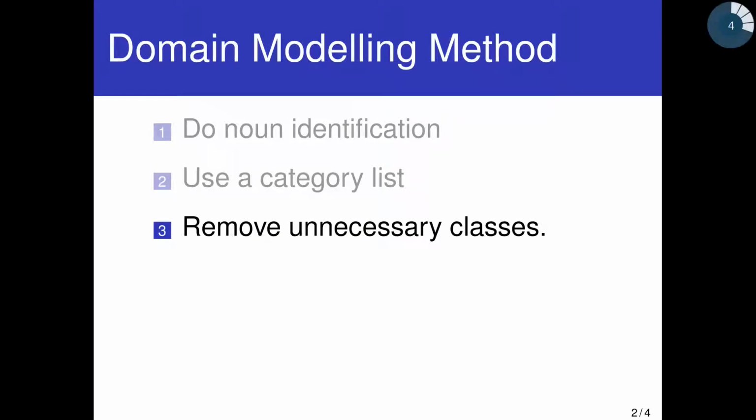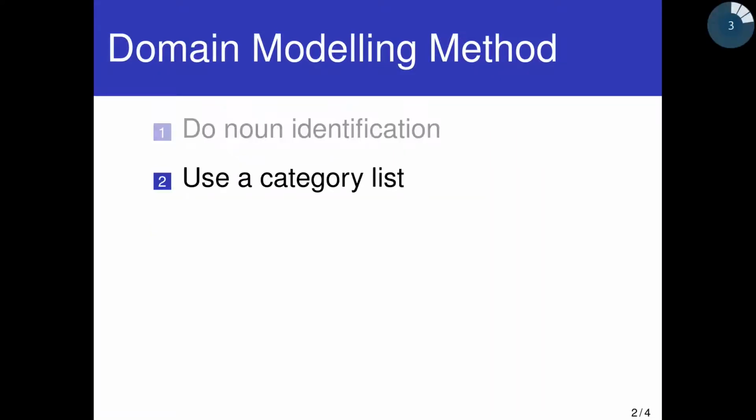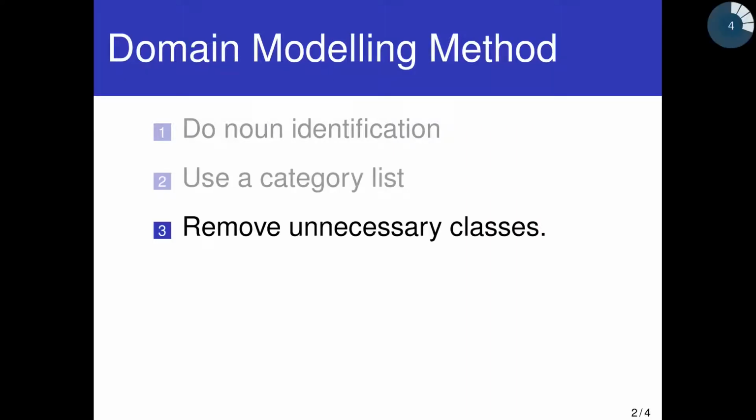Then we remove unnecessary classes, entities in the conceptual model, if there are any unnecessary entities. So the first two steps were to get candidates for entities or classes in the domain model. And the third step is to remove those that we can already see are not needed.